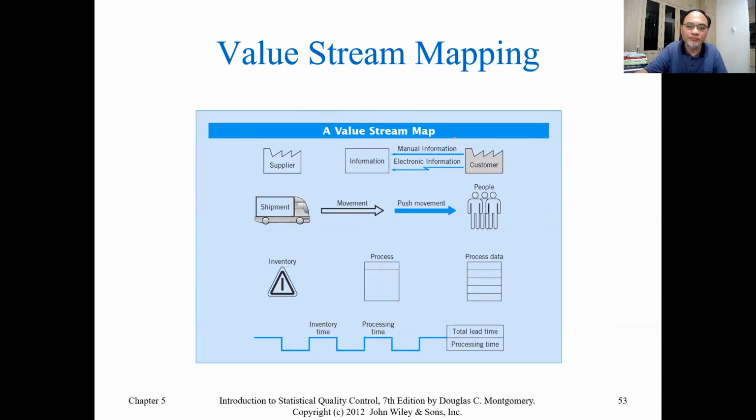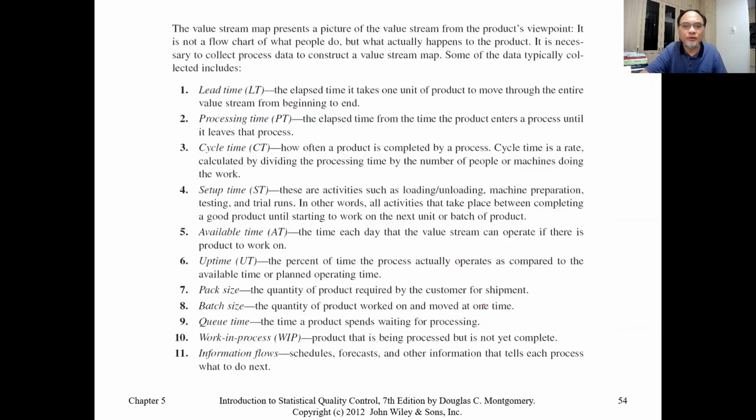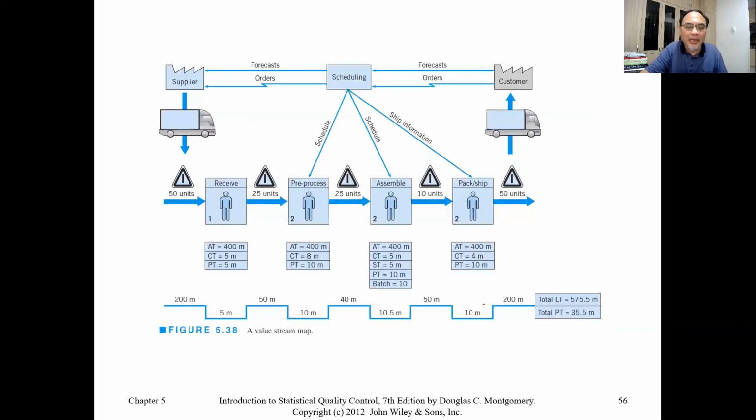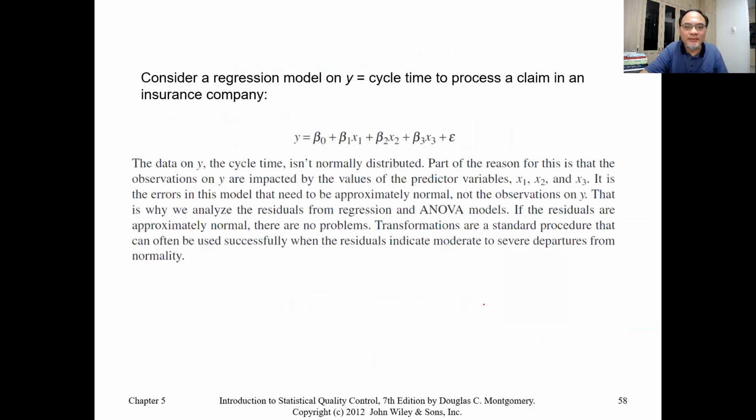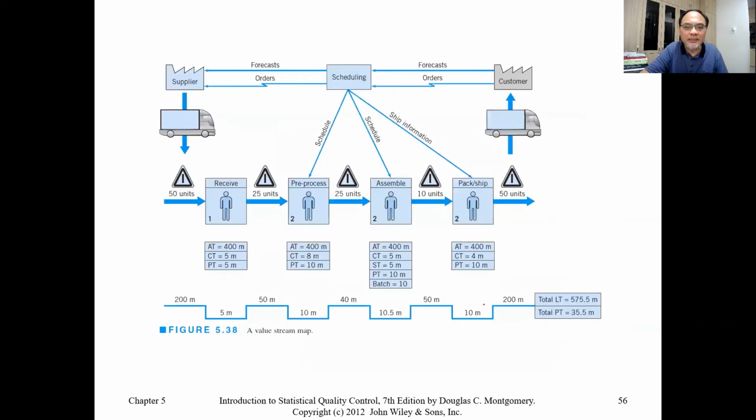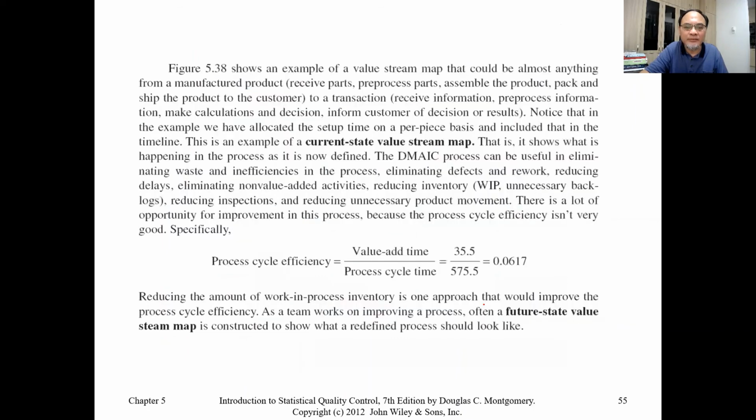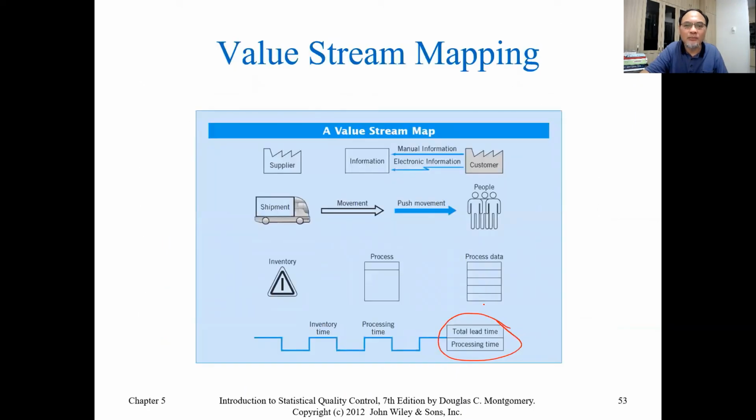So we want to determine where non-value added activities are happening in the process, whether it's from the equipment, man, and so on. Okay, I'm not going to go into this detail. Next time if I have the opportunity, I will talk about VSM in much more detail under lean manufacturing.